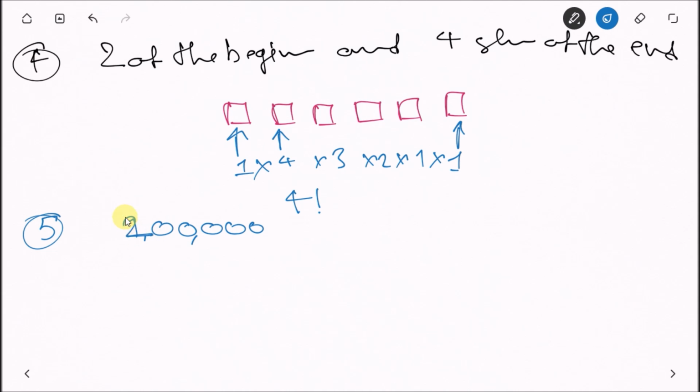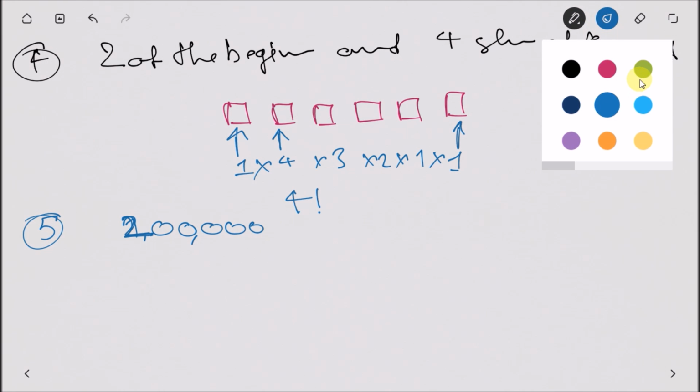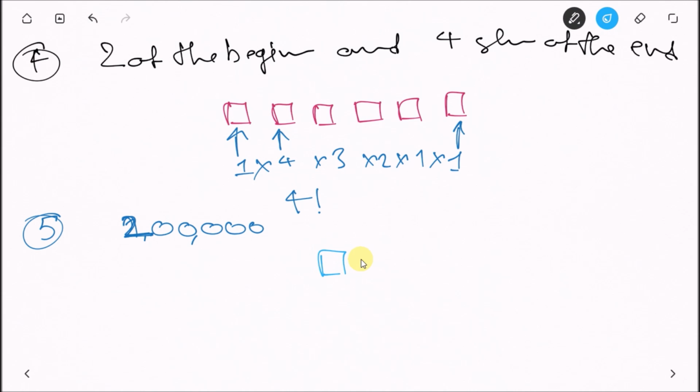Okay, so we have 6 brackets. In each and every question we will form the brackets. That's important. So we'll have 6 brackets. We have five options in the first bracket because we can't use 1 here, because if you use 1 here then it will be less than 2 lakhs, so we'll use 5 options here.